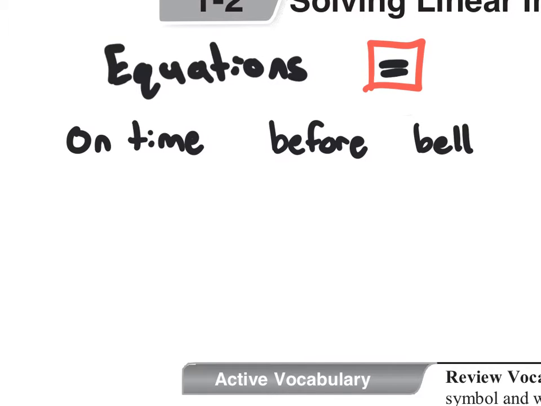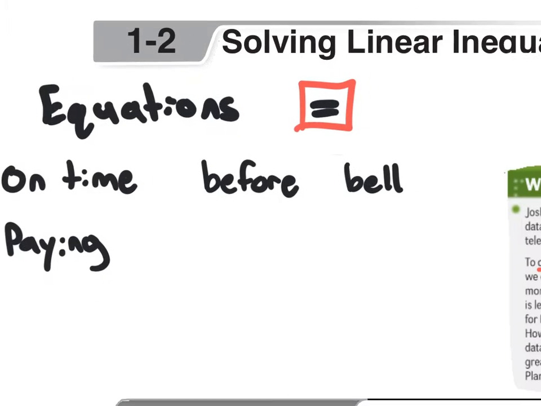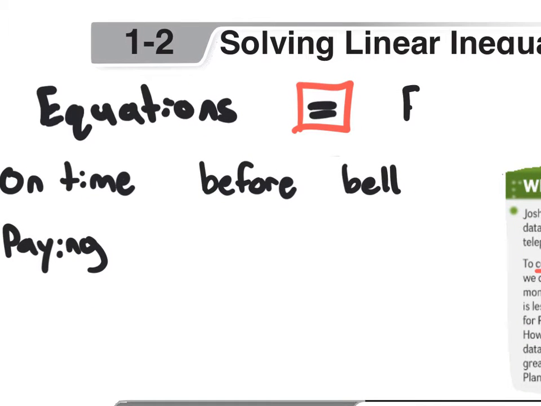Inequalities allow us to take care of things that can have a less than or greater than component. They are essentially way more useful than equations, and the good news is that they operate just like equations, except for a few small differences. Another example of inequalities is paying. In most situations, you don't have to have exact cash or exact change, right?